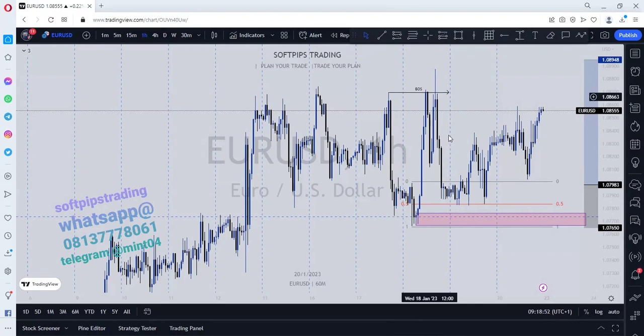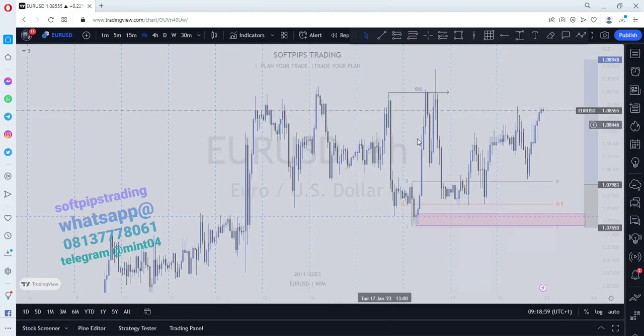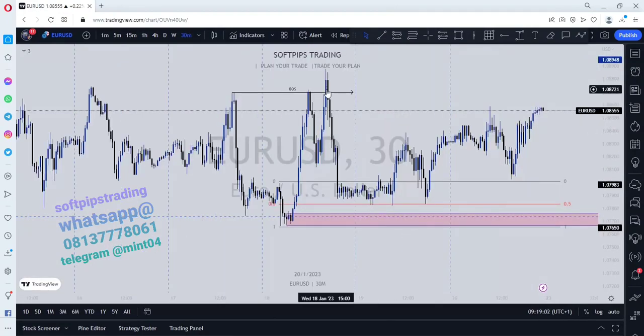It kind of ranged, but when you go down to 30 minutes, it's clearer there for this BOS. You see, it took out this high and closed above.